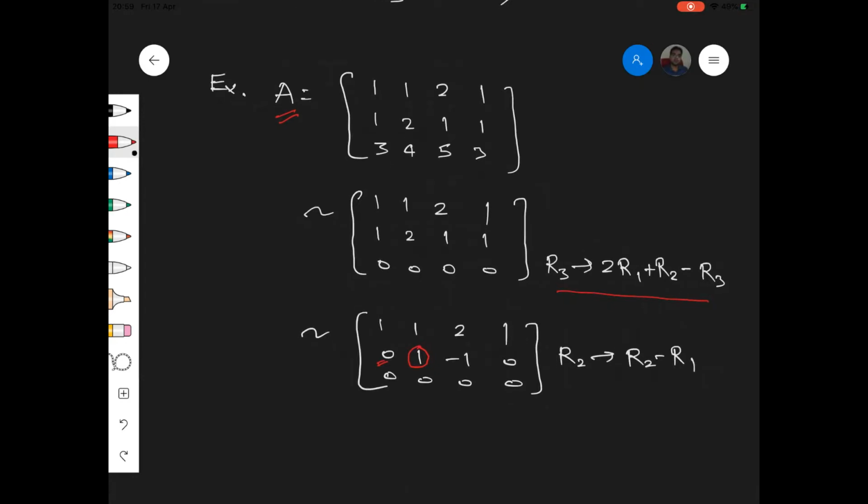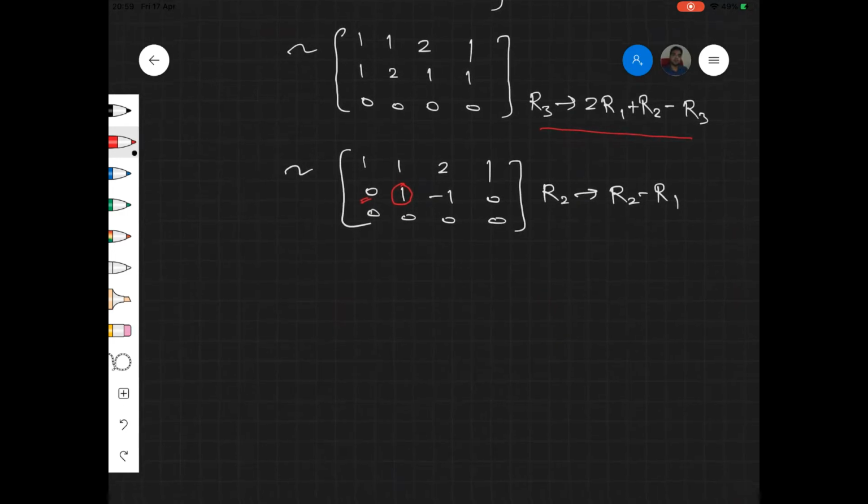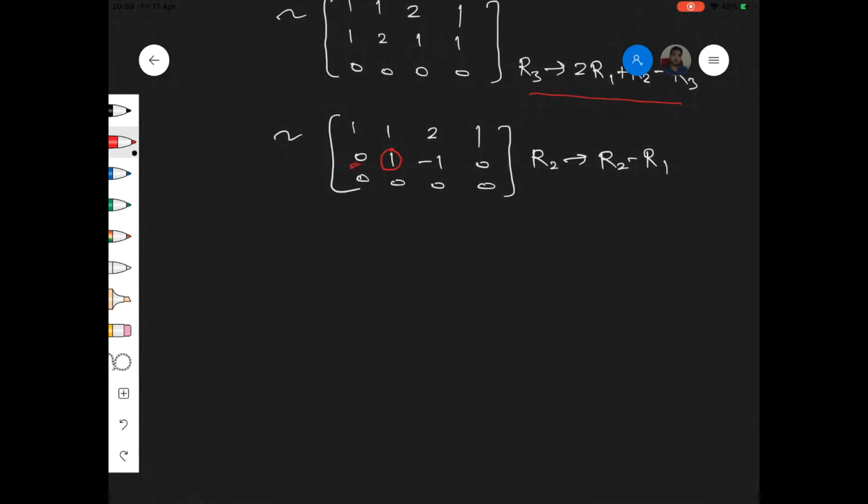Now with the help of this echelon form we can give a definition for the rank of a matrix. Rank of a matrix has many definitions, but it can also be defined with the help of the echelon form.